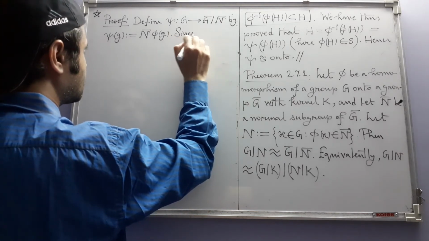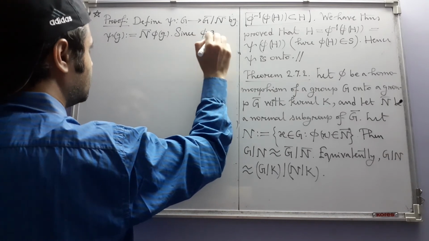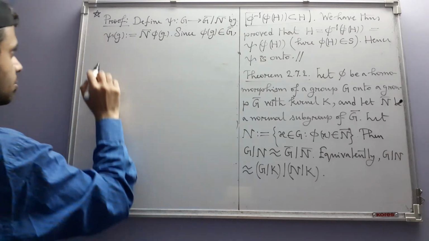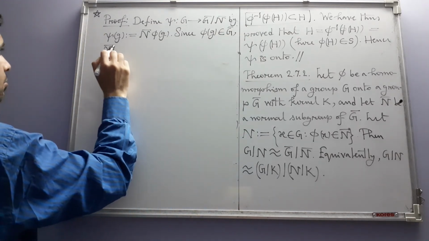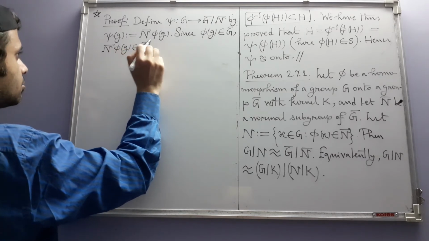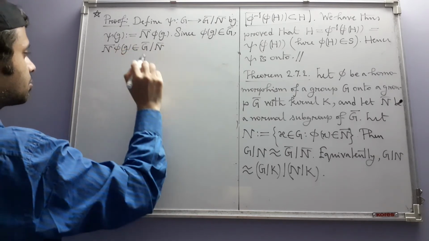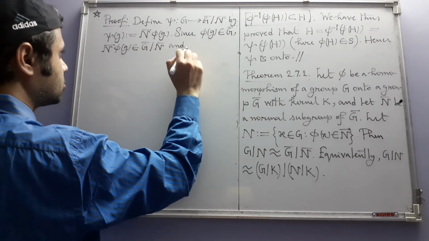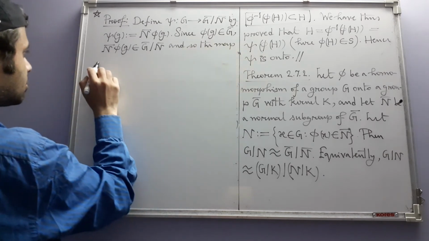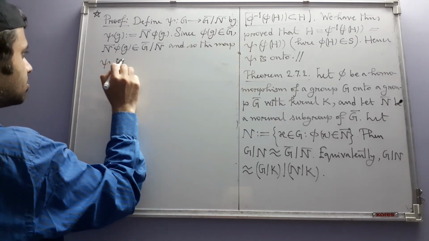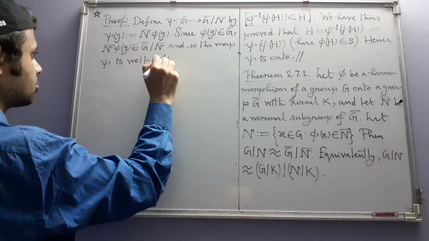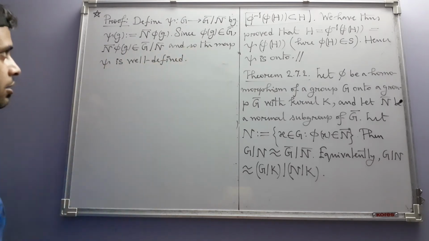Since phi of g is in G bar, the map psi is well defined.